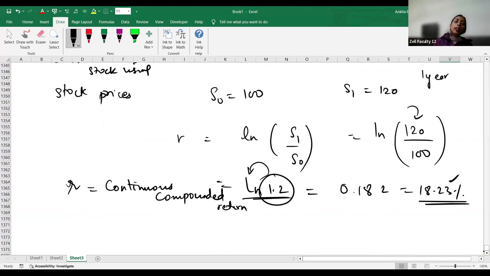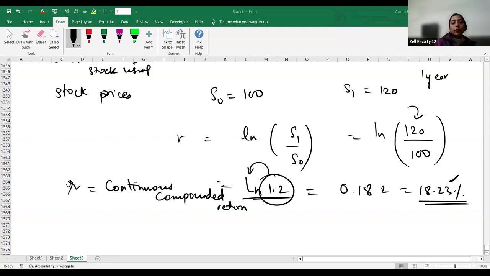If I would have invested this money, the $100, at an hourly compounding rate for 1 year, and I would have made 120 by the year end, then how much return did I make on this investment? Approximately 18.2%. Continuous compounding return is very close to an hourly rate.